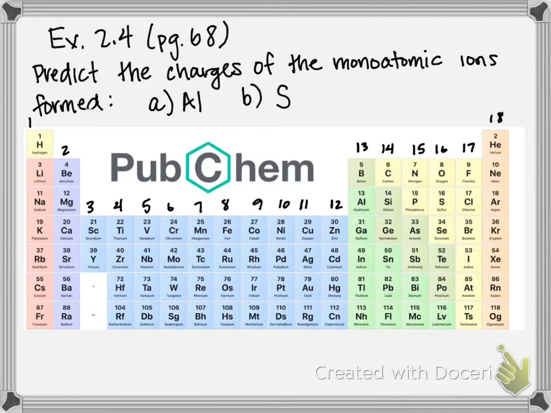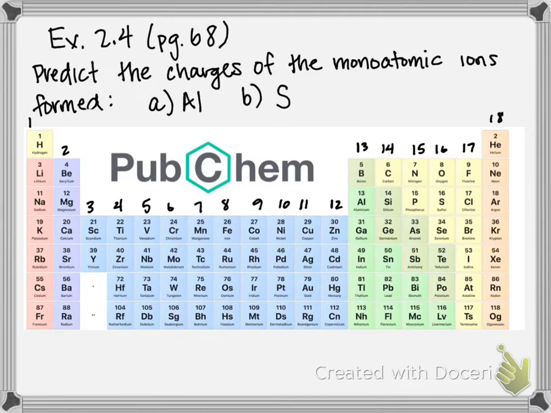So a couple of these columns, a couple of these families, all form ions with a very predictable charge. So Group 1 or Family 1, that's the alkali metals.